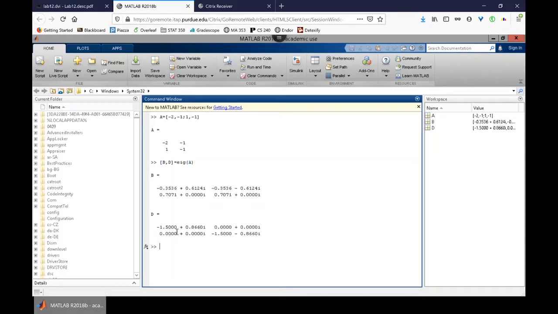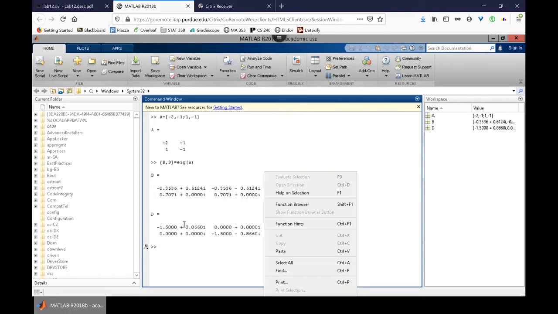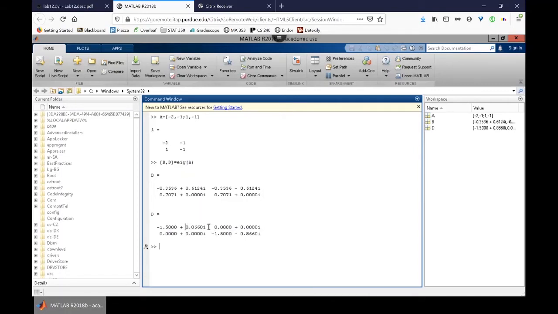Okay, so we can see that our eigenvalues are -1.5 plus 0.866i and -1.5 minus 0.866i. And so we can see that because both of these are not real and they're not exactly imaginary, we can probably expect this to be spirals, right? And since the real part is negative, we can probably expect these to be spiral sinks.